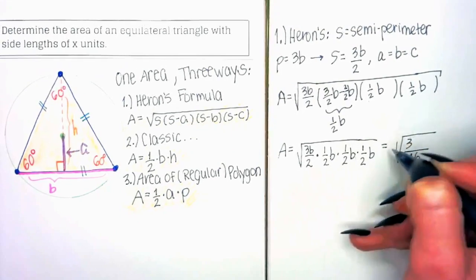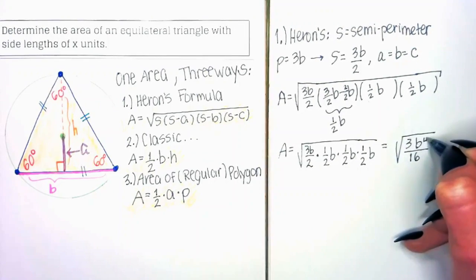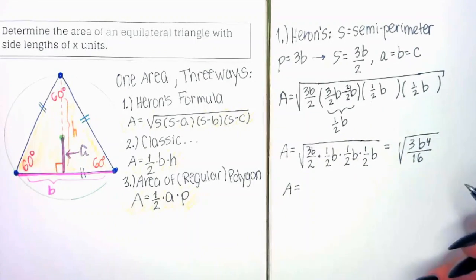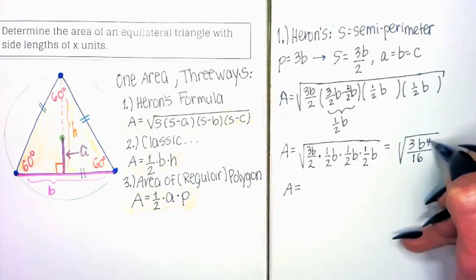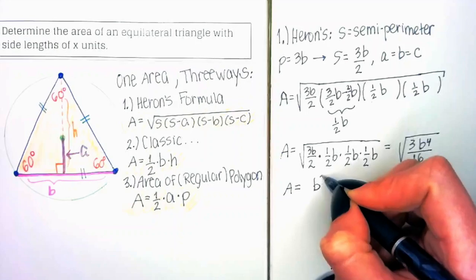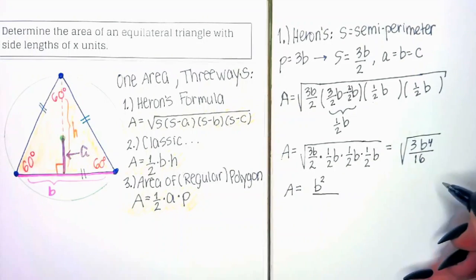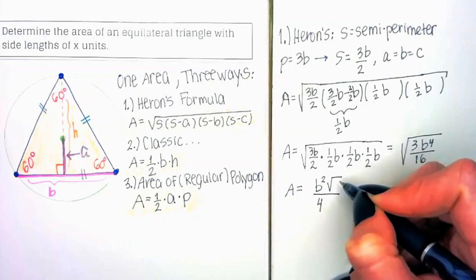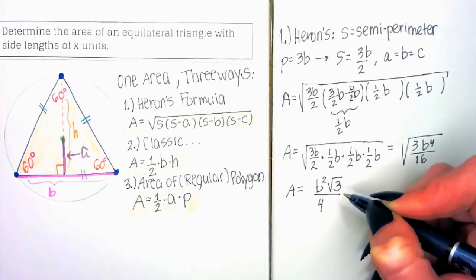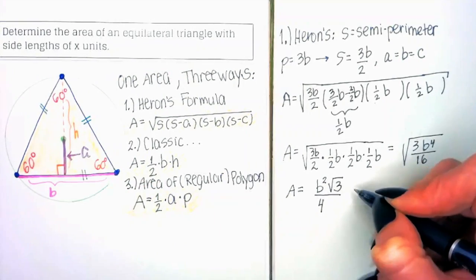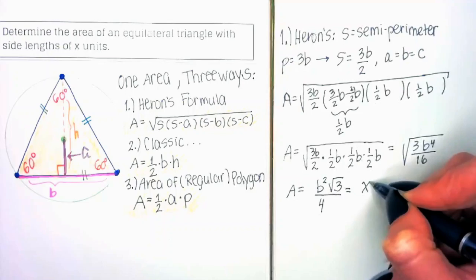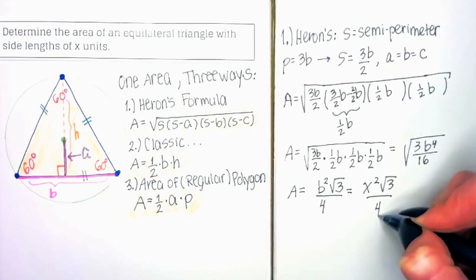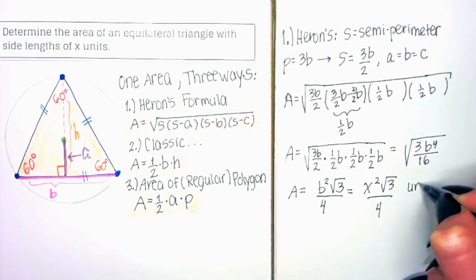B, B, B, B. So the area is the square root of B to the 4th, which is B squared. Square root of 16 is 4. Radical 3 stays inside. The problem did tell us the side length was x though, so I really should change this. X squared, square root 3 over 4 units squared.